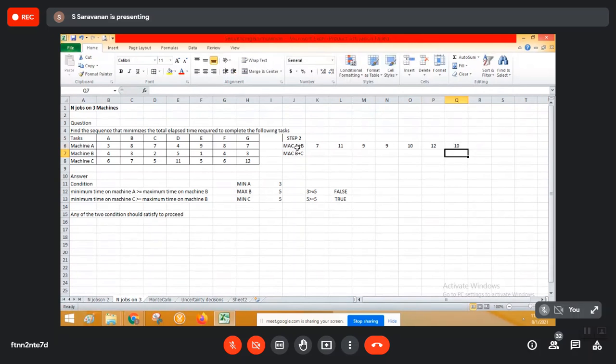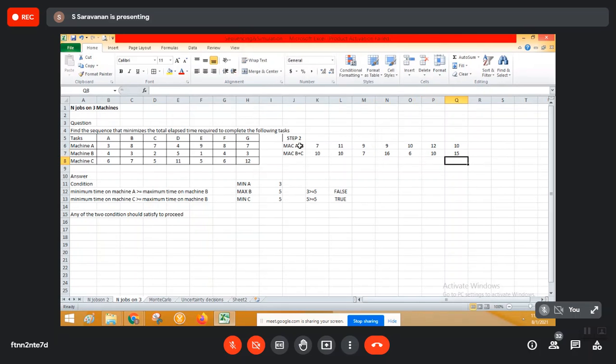So I need to add the time of machine A and B, then the next row, machine B and C. So here it is 4 plus 6, 10. 3 plus 7, 10. 2 plus 5, 7. 5 plus 11, 16. 1 plus 5, 6. 4 plus 6, 10. 3 plus 12, 15.